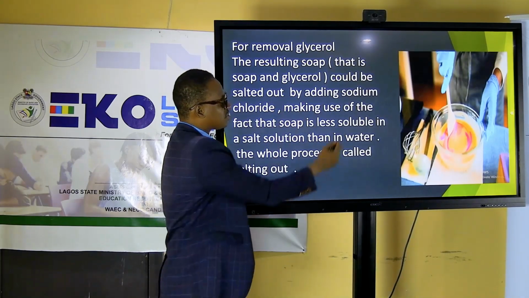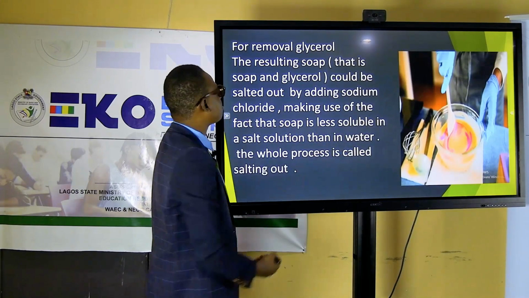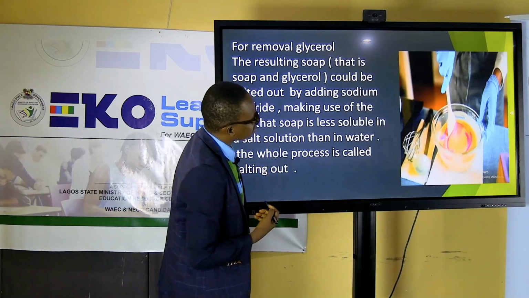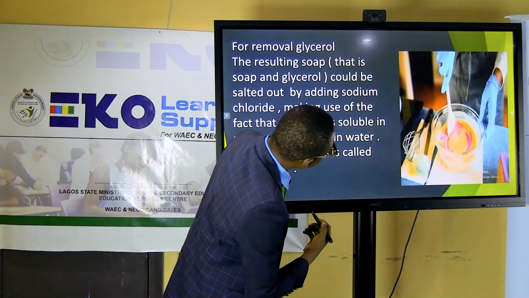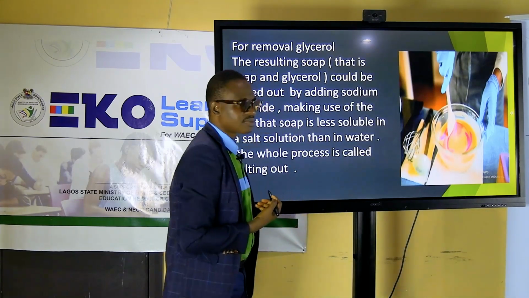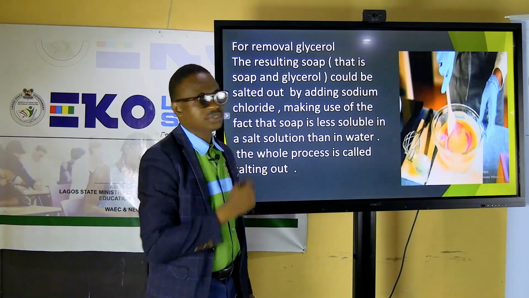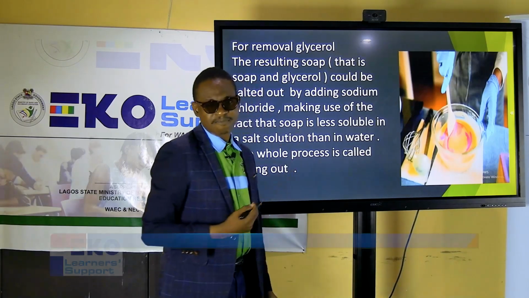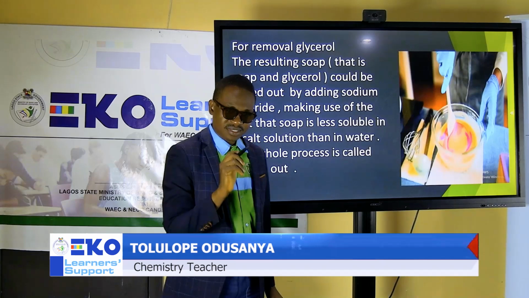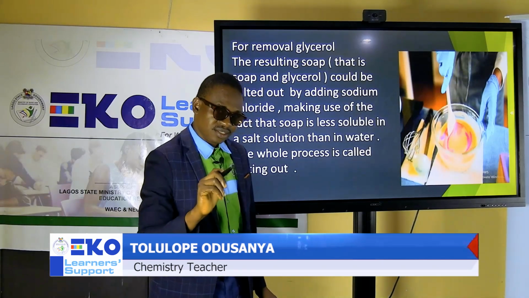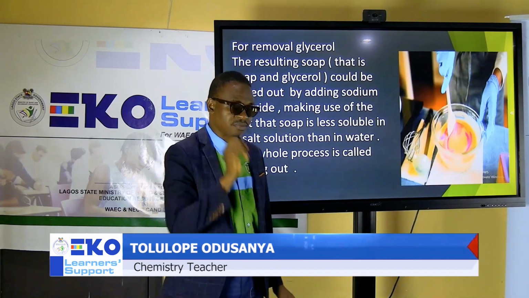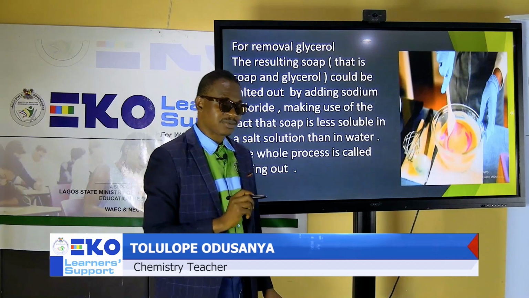Now, when you look at the board, you see a gentle student producing soap. I want to charge you as a chemistry student. You too should be able to produce soap. I hope you've done that in SS1.